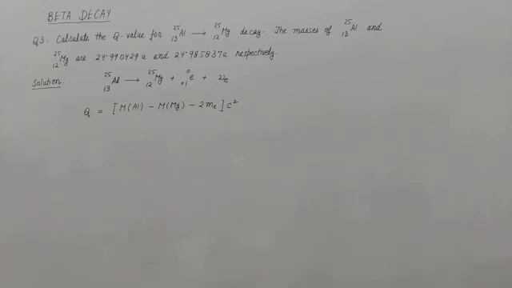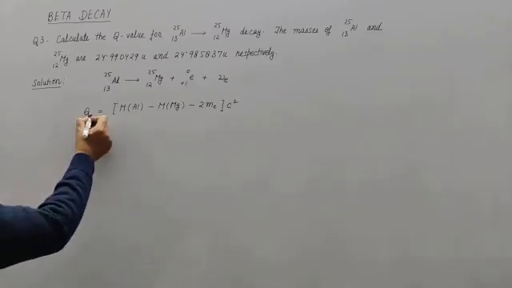So this is the formula for the Q value. This is the formula we have already discussed, the Q value formula for beta plus decay.